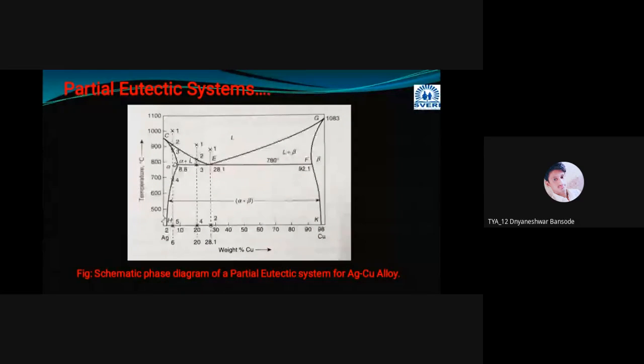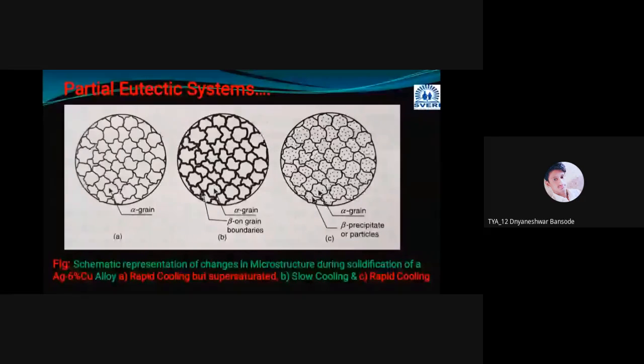Now we will start with the first curve from the left hand side with 6% copper. You can see this in this slide. First, please draw this diagram. This is the schematic representation of changes in the microstructure during the solidification of an alloy with silver and 6% copper. Here I have marked the three diagrams A, B, and C. You can write it. I will wait for 1 minute.